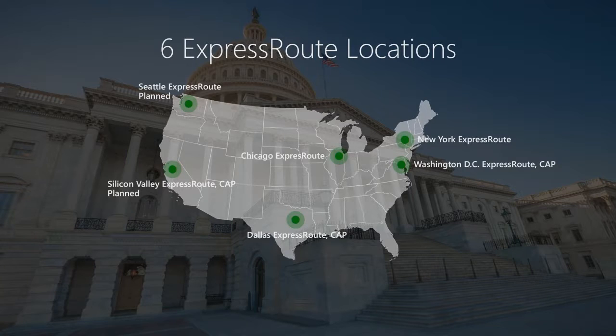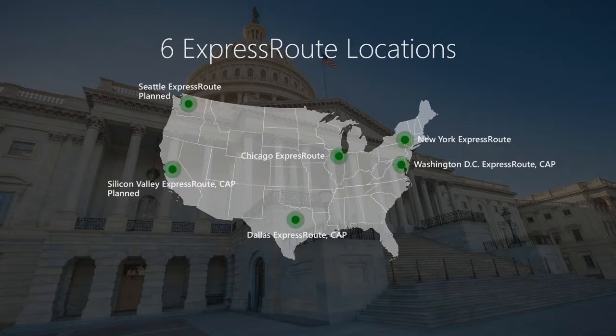ExpressRoute. When we're talking connectivity, how can you get into our data centers? How do you ensure that you have network traffic and appropriate connectivity to meet your requirements, both from a security perspective as well as looking at latency and potentially performance considerations? We have 6 ExpressRoute locations.